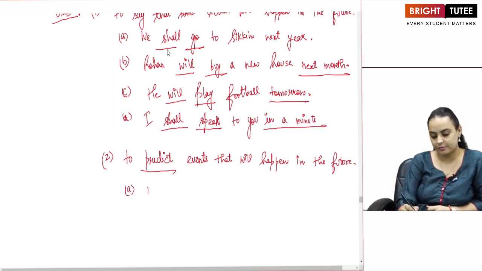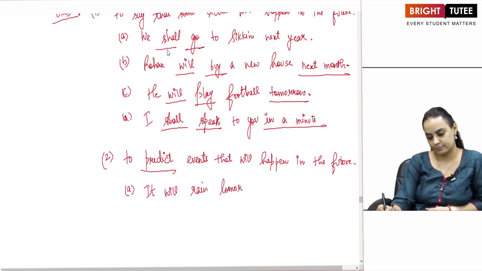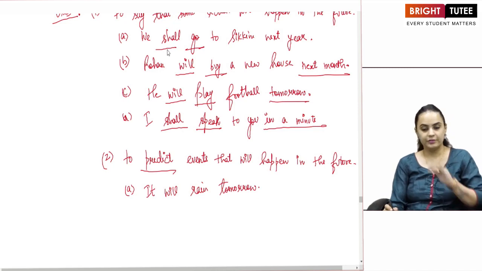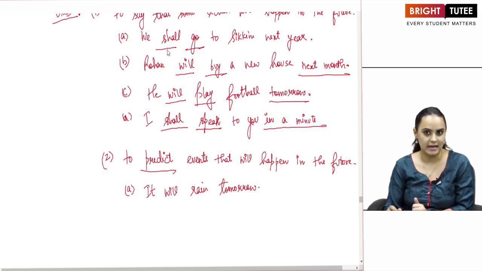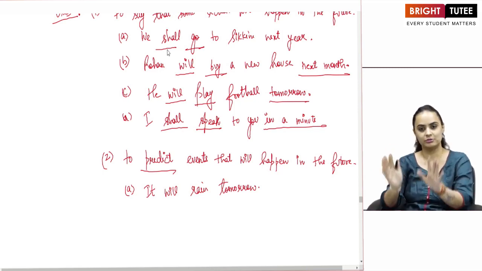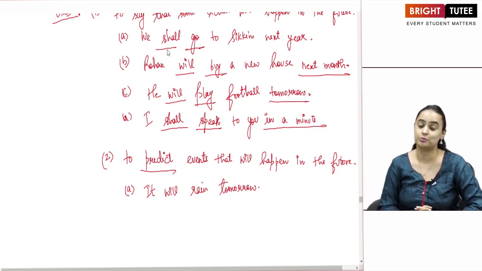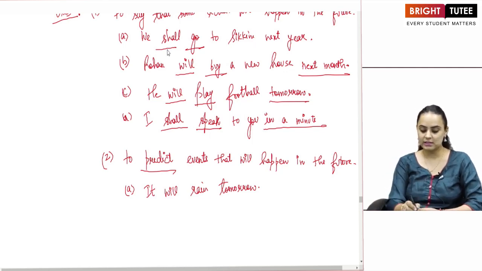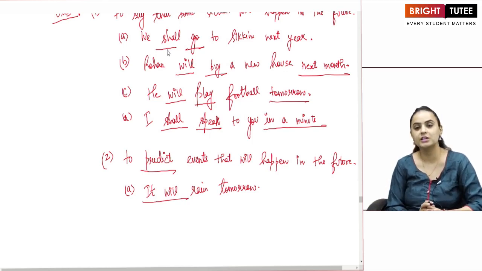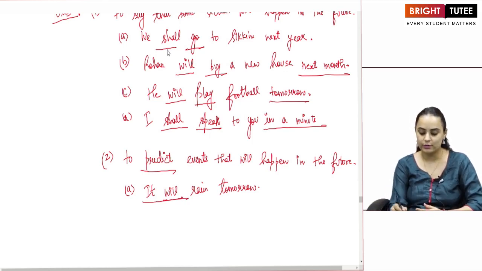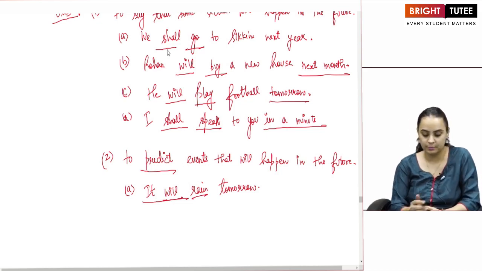For example, if I say, it will rain tomorrow. Now we can never be sure whether it is going to rain next moment or not. If it is raining, that is a present event, but you can never be very sure about some future thing. So this is a prediction that you are making, that it will rain tomorrow. So that is why will plus the first form of the verb.